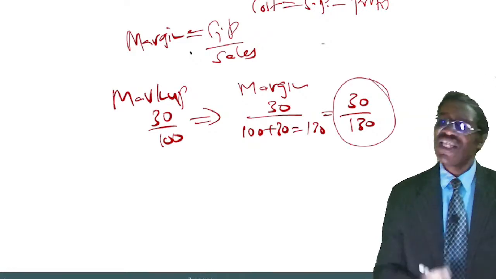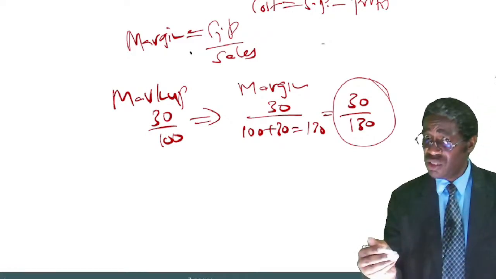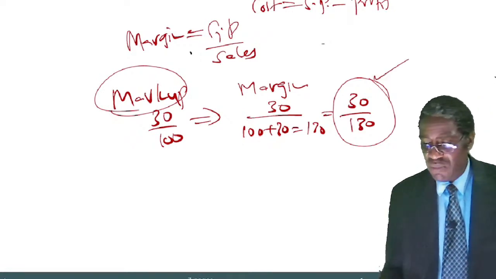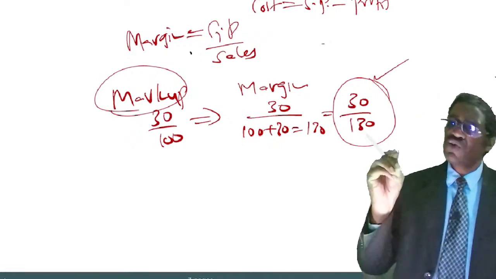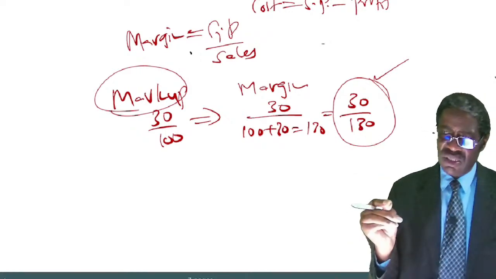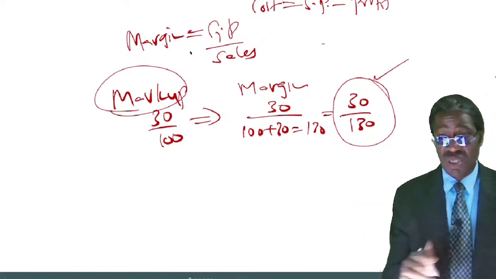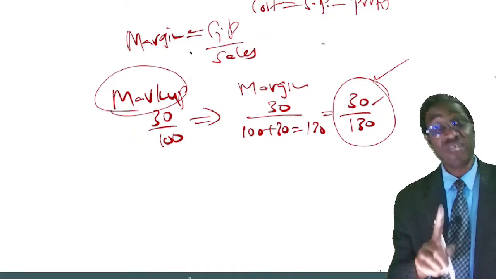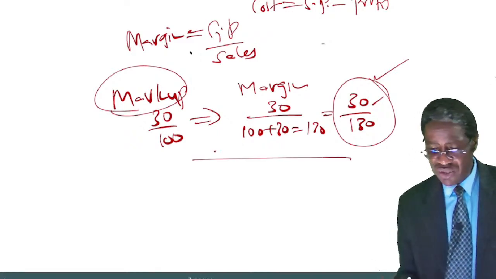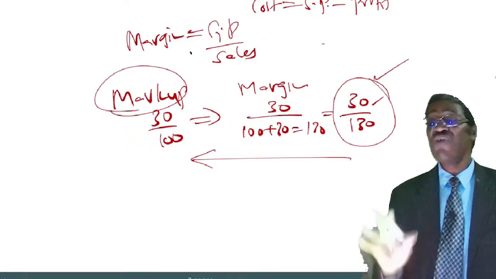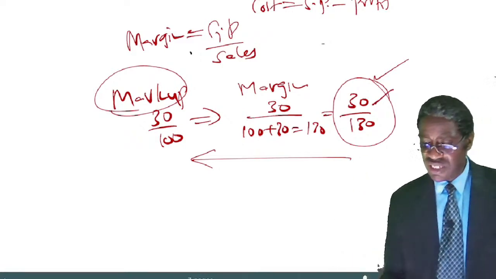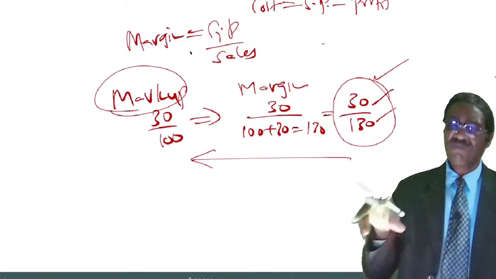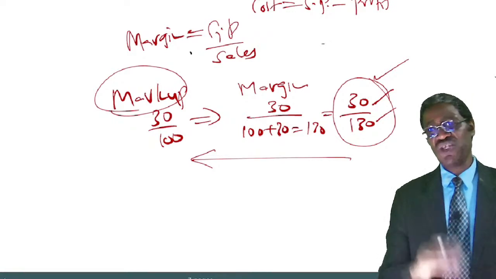There are other questions where you need markup, but the examiner has given you the margin. Then you take the numerator and subtract it from the denominator. That will take you back to your markup. So if you're given the margin, like 30 divided by 130, and you need the markup, when do you need markup?